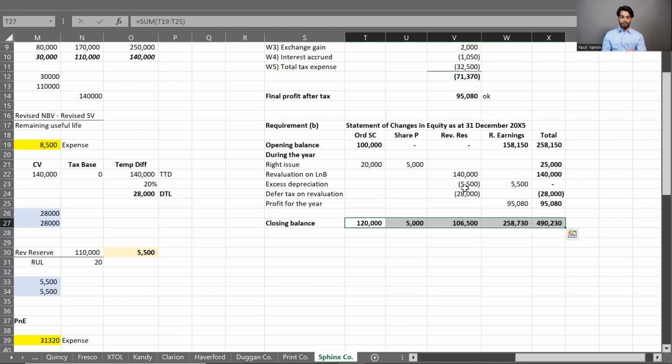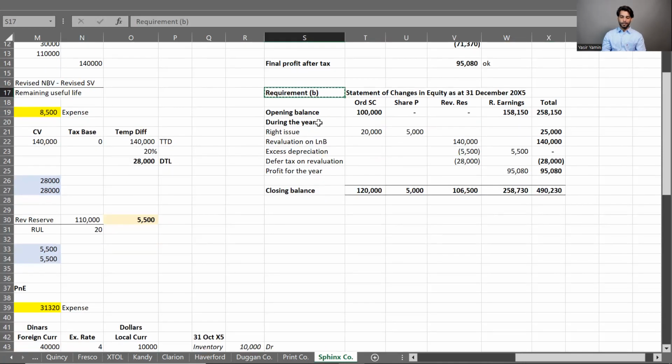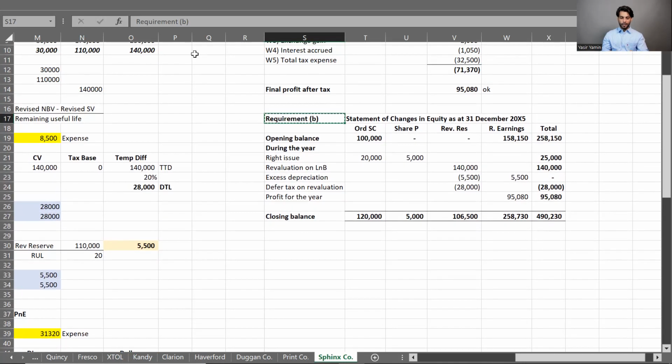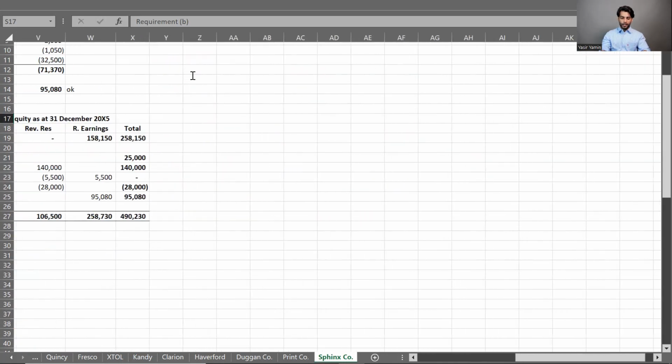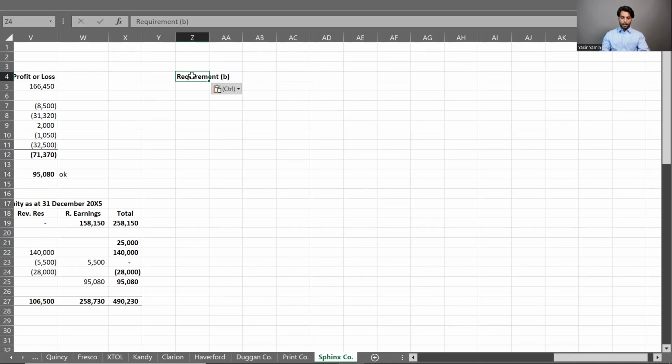Excellent, guys. Now, once you are done with this, you have the last thing to do, and that is basically requirement number C. You have to prepare the statement of financial position as at 31st of December X5.